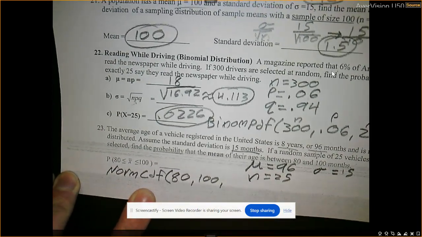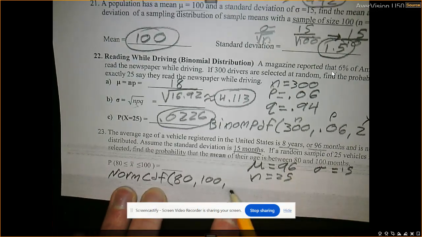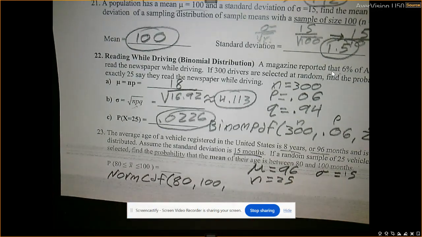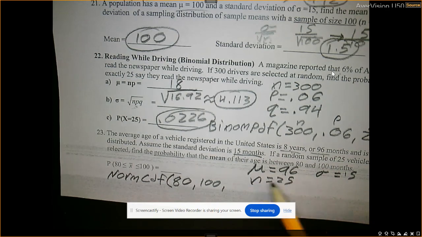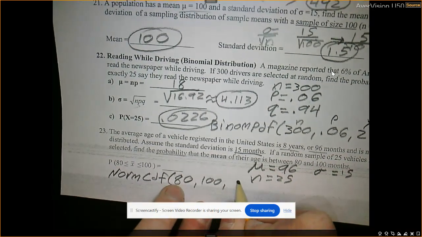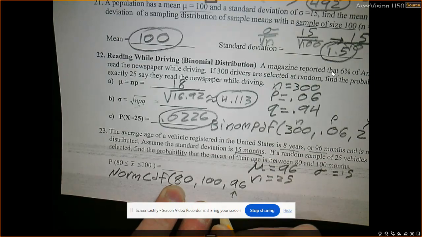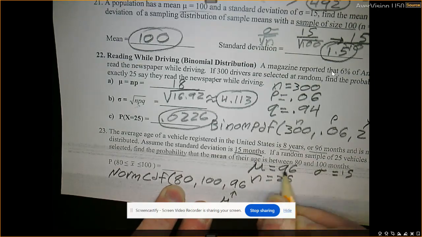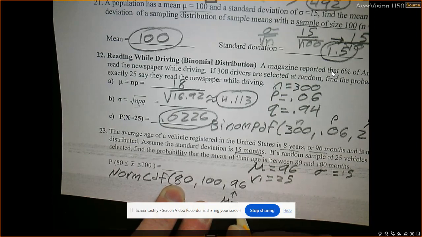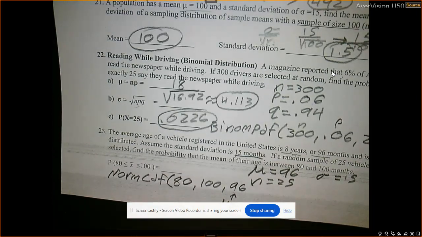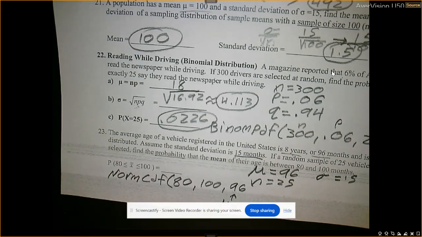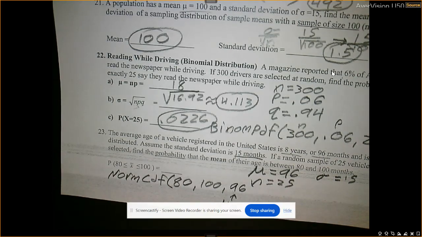Now here's where our mean is 96, but we really need the mean of the sample means in this case. The mean of the sample means is equal to your population mean. So this 96 comes from the 96, but we're thinking of it as the mean of the sample means. This is a central limit theorem type question, because it's a random sample of 25 vehicles.